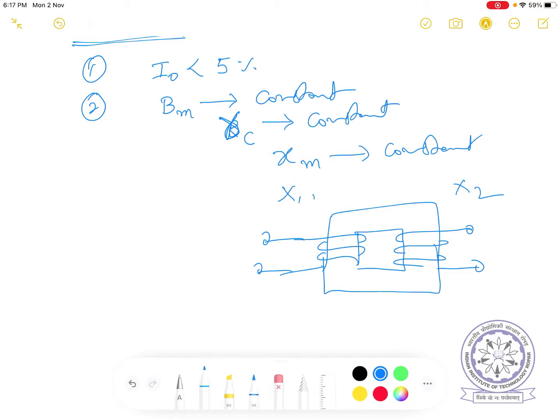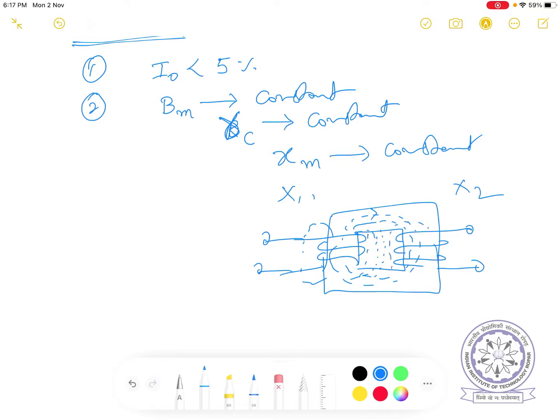If all flux goes through the core like this, then the leakage reactance is 0. But some of the flux lines will go like this, and part of the flux path will be through iron, and some portion will leak through the air.